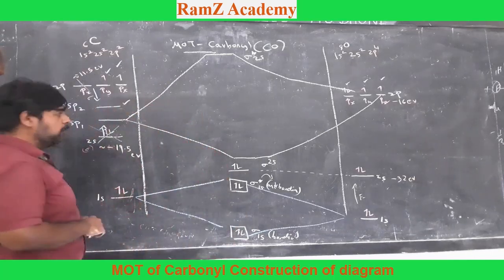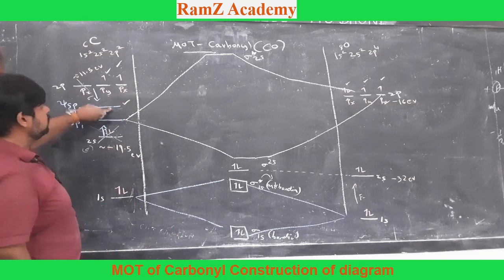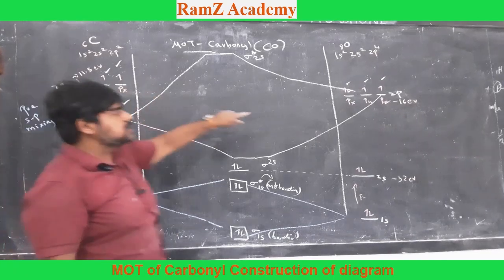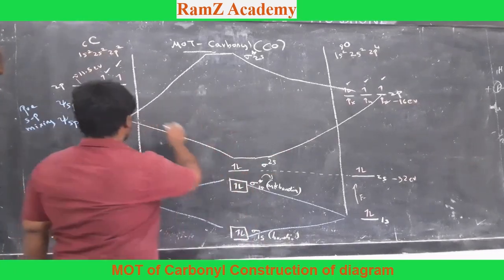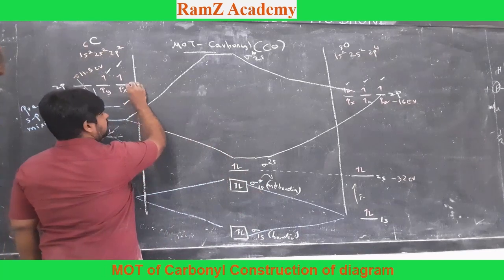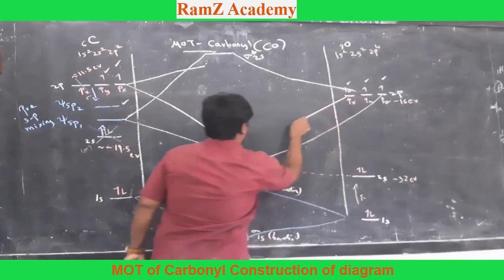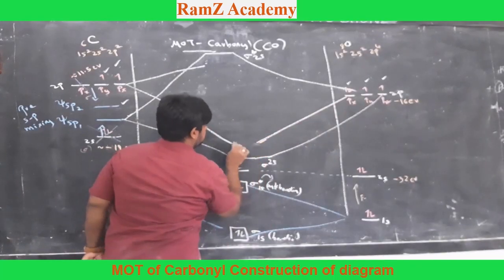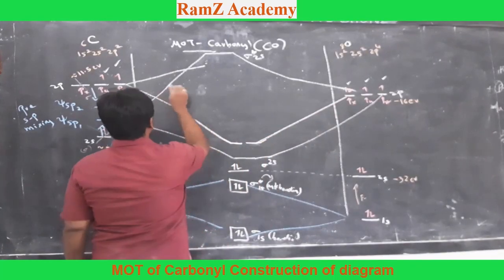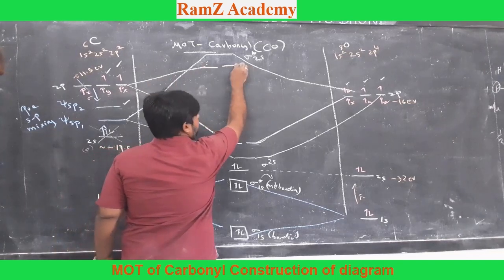Now what about the other orbitals? I have 3 orbitals here and similarly 2 there. So these are going to interfere to give you a pi here and a pi star here.